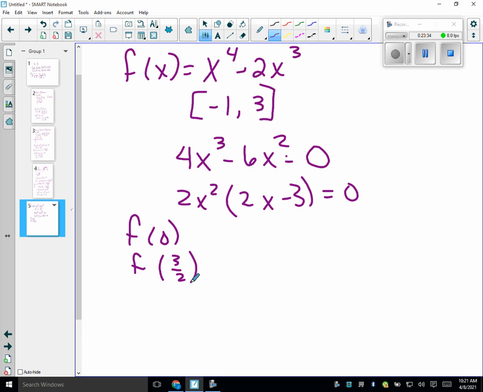Those are endpoints. So I need to find a y, correct?